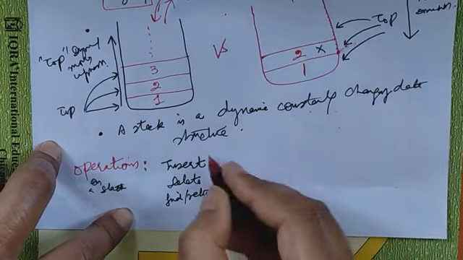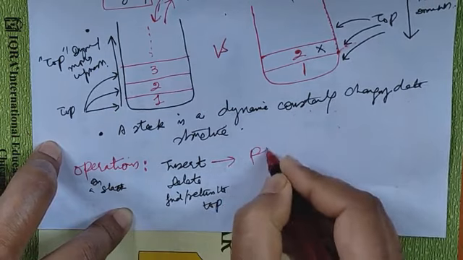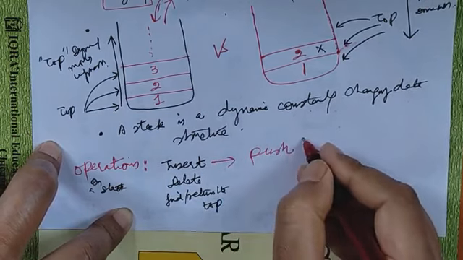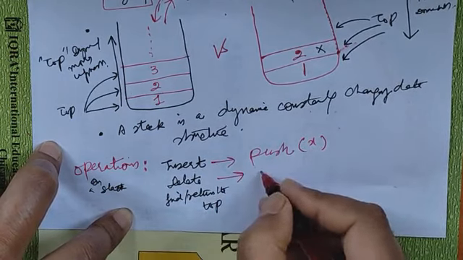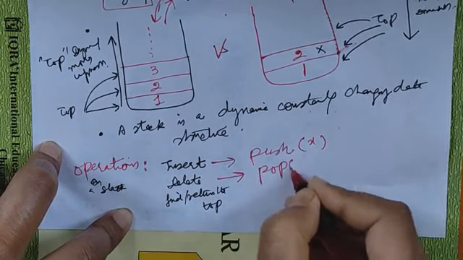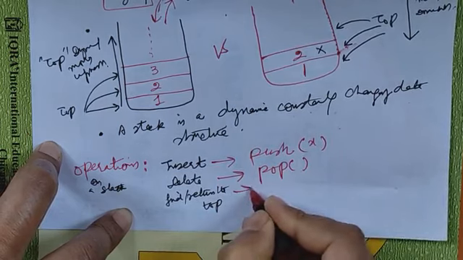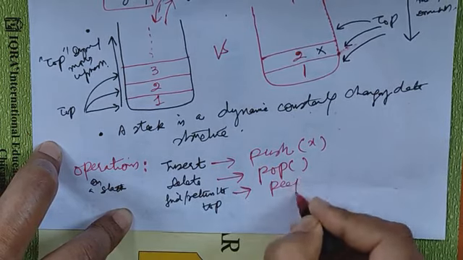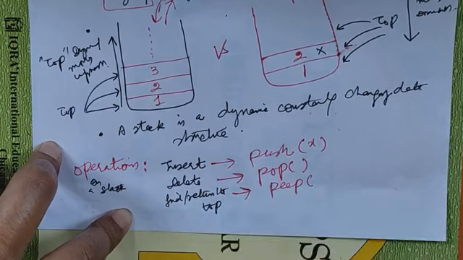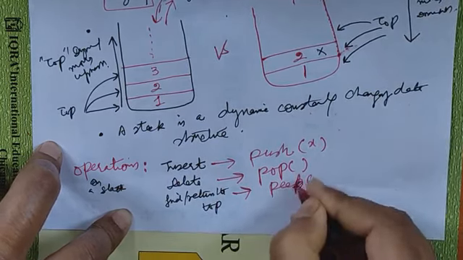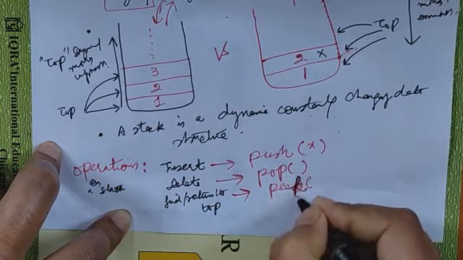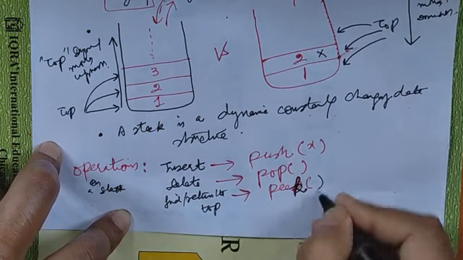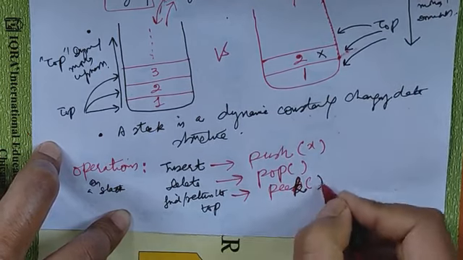But in technical parlance, this insert is known as push operation. This delete is known as pop, right? And this returning the top is known as peek operation. Sorry, peek. This is P-E-E-K, peek operation.